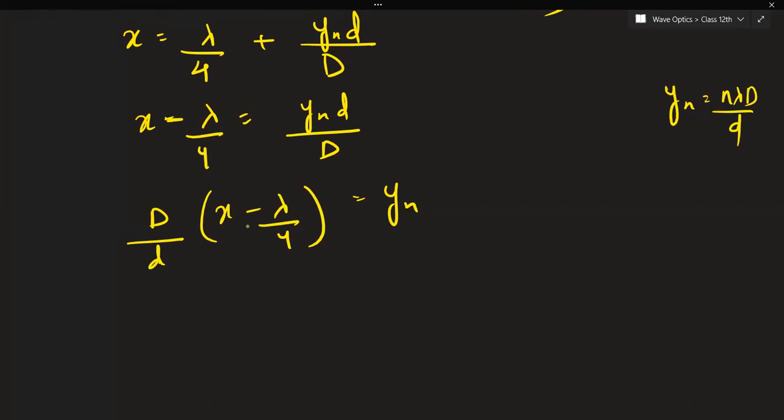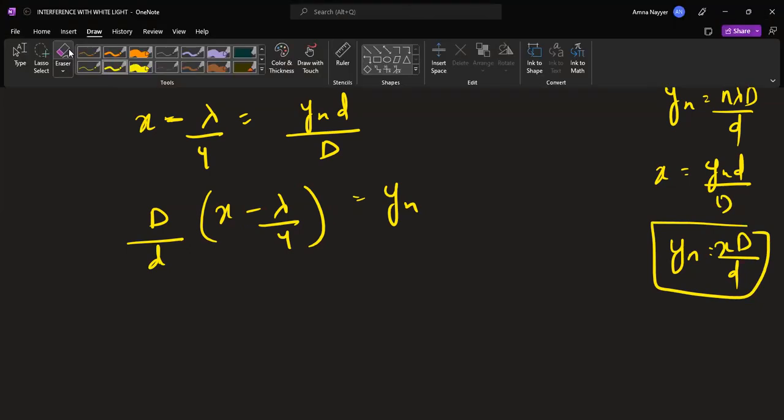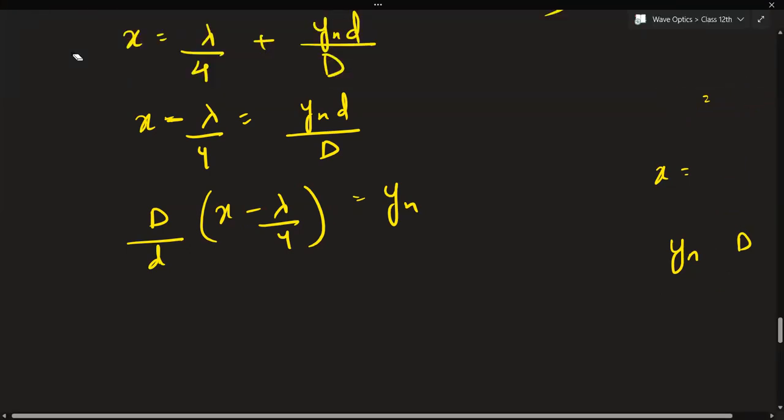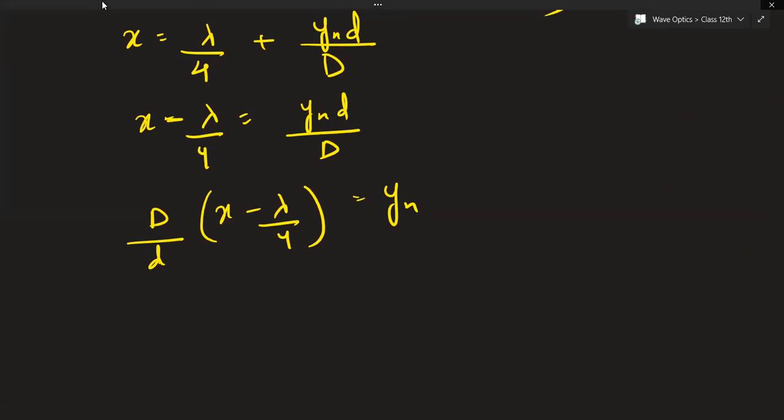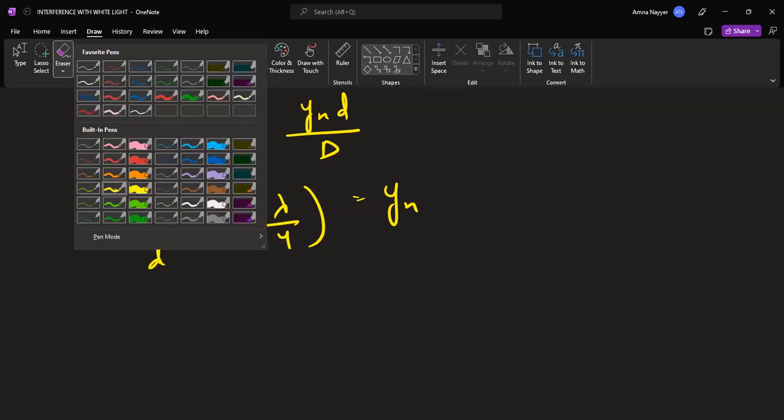Earlier, x was yn small d by capital D, and when we solved this, it became x capital D by small d. But now you're not just getting this term, you are getting this entire term. Why? Because you have additional path differences now, that is SS1 minus SS2. Because of lambda by 4, you're getting it.